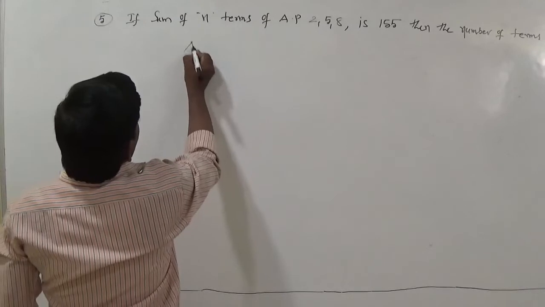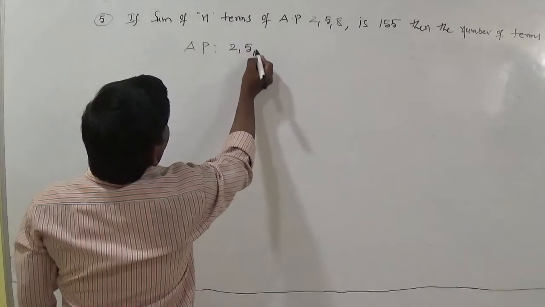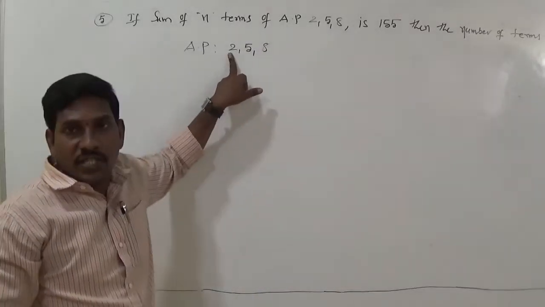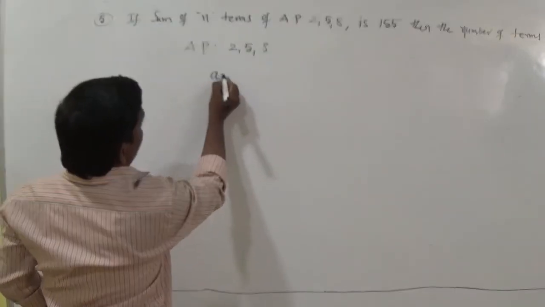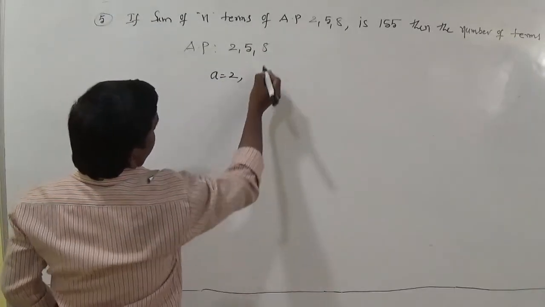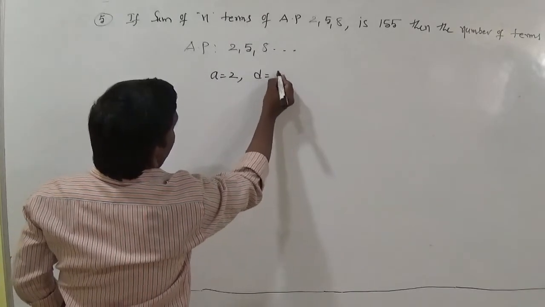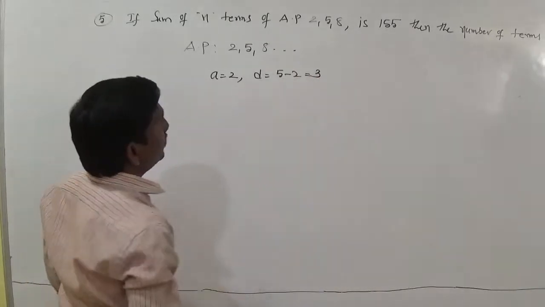So write the AP first of all. 2, 5, 8. Here 2 is the first term, so a equal to 2. d equal to 5 minus 2 equal to 3.